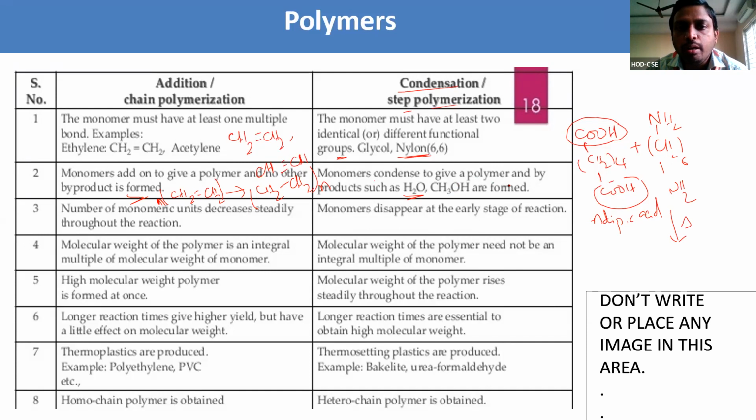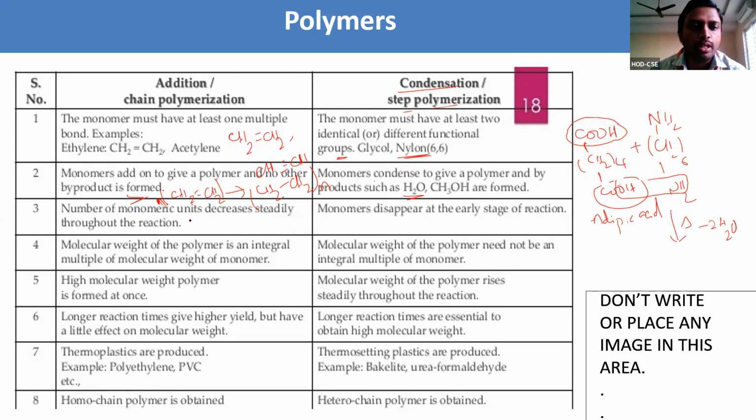Okay, monomers condense to give the polymer, and byproducts such as H2O, methyl alcohol, etc. are formed. The number of monomer units decreases steadily throughout the reaction.